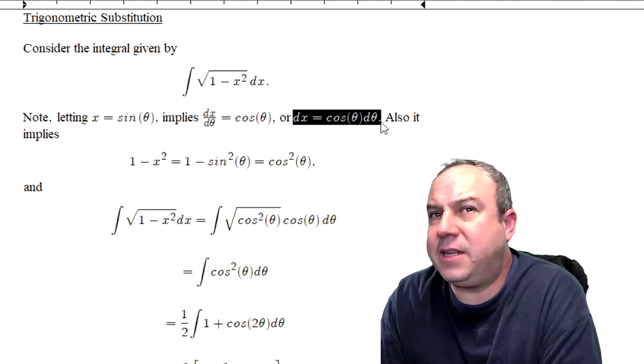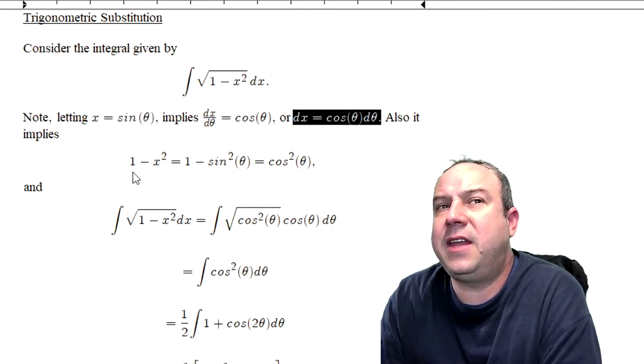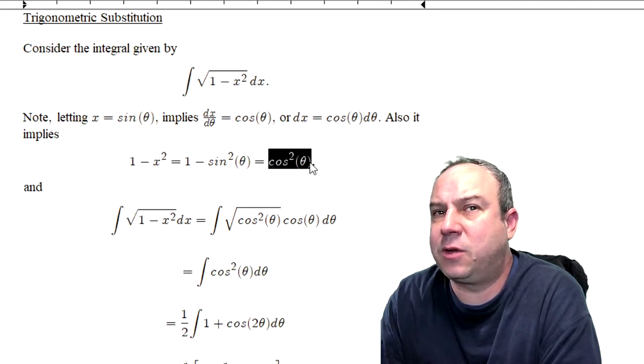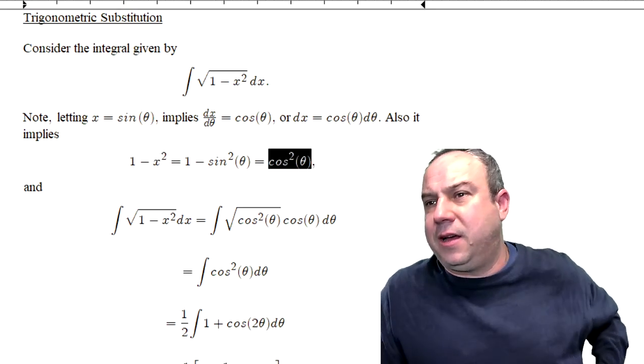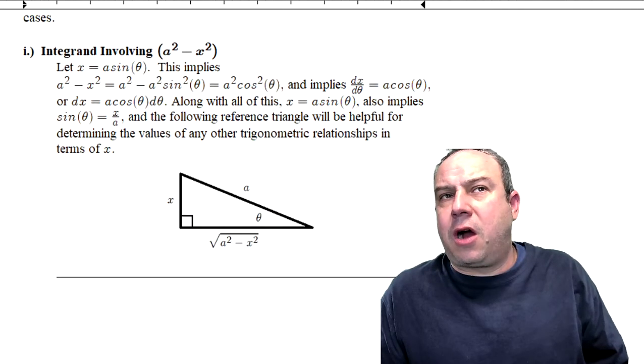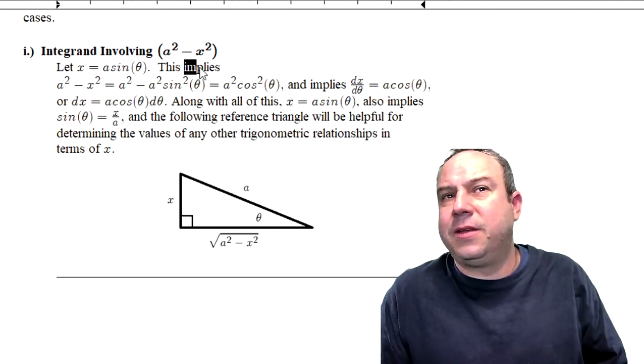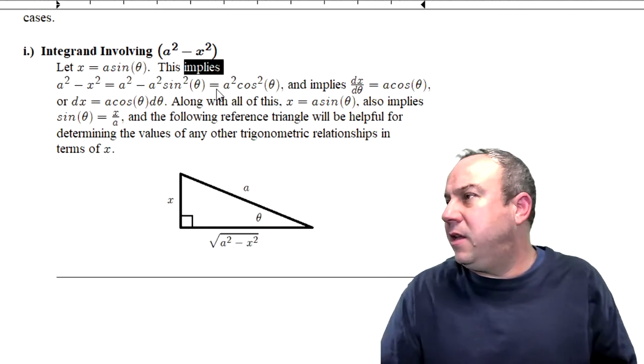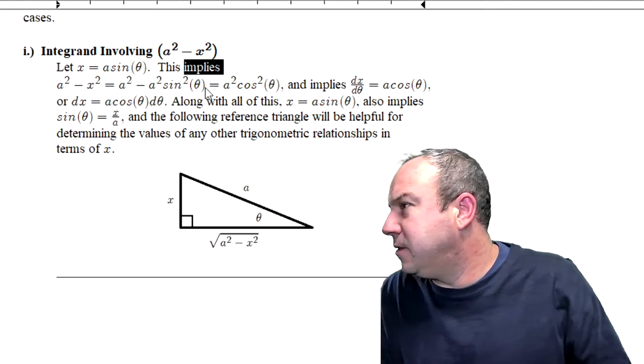That did imply dx was equal to cosine theta, and that did imply that 1 minus x squared was cosine squared theta, which are the following noted implications.